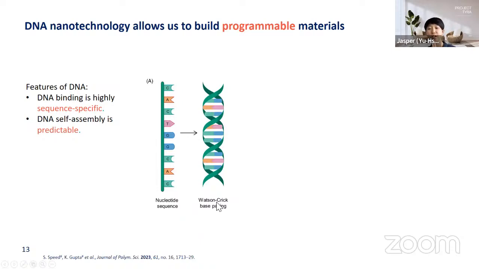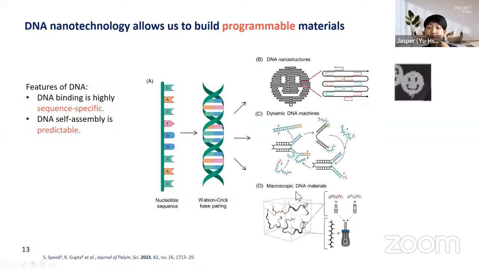Because of this selective binding, DNA is uniquely suited for programmable self-assembled material. This is a big difference from other types of material which do not follow this type of predictable behavior.